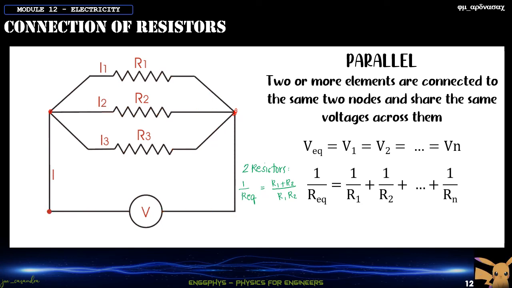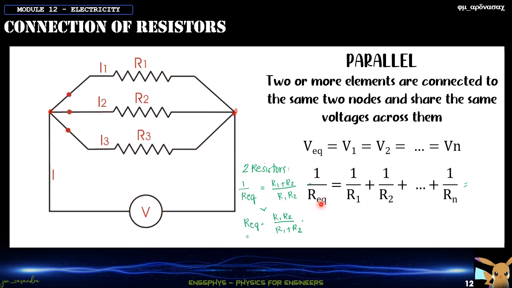Or simply, your equivalent resistance is equal to R1 R2 over R1 plus R2. So you could memorize this or you could simply use the other equation. Any will do. But basically, this equation just came from this one.